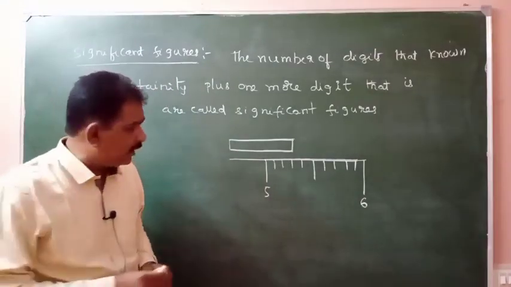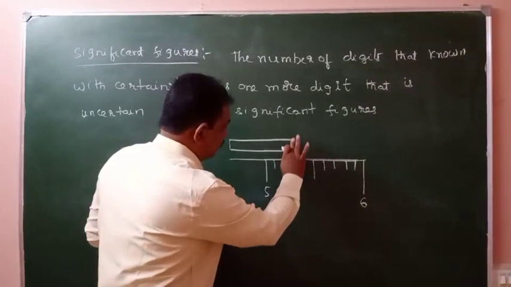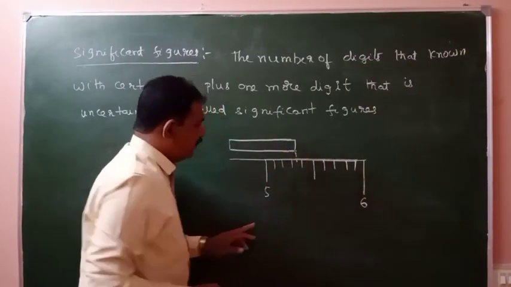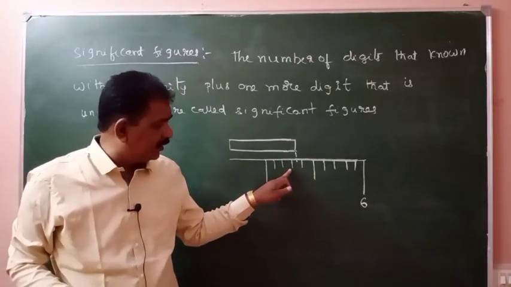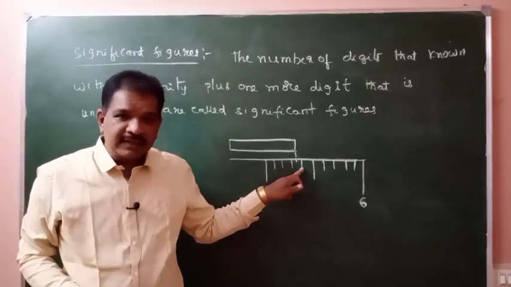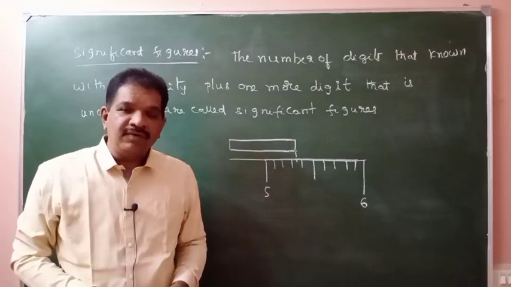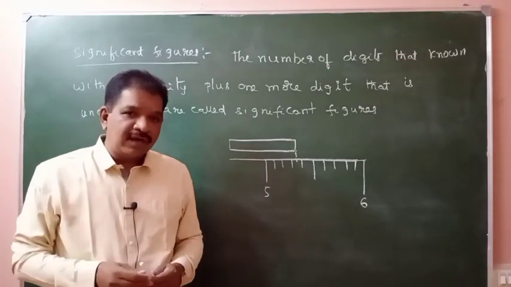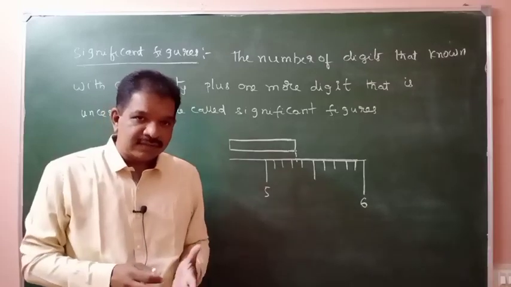For example, if the point is here, it is crossing 5.3 but not crossing 5.4. Then what will we say its length is? 5.3 only, under a magnifying device.